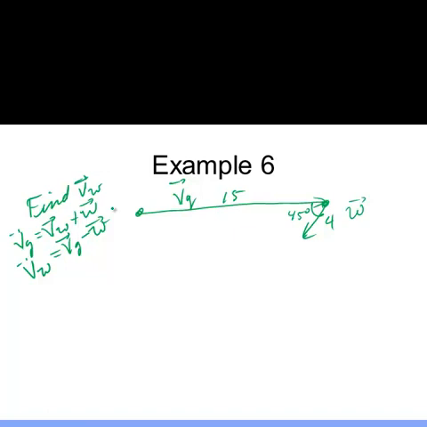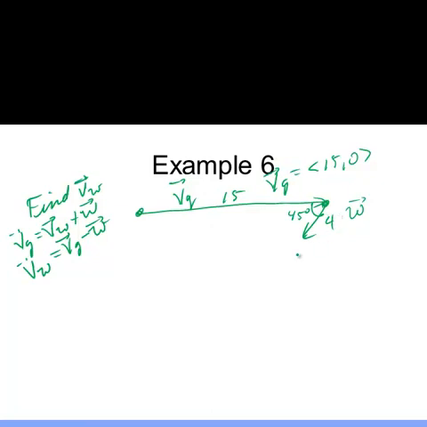Okay, so now V sub G, we could write this as 15, 0. Now, W here is pointing in the direction of 45 degrees to the southwest with a magnitude of 4.